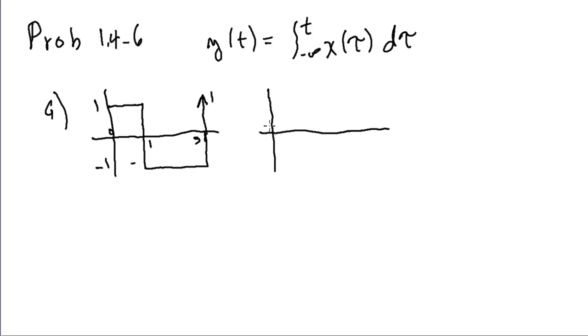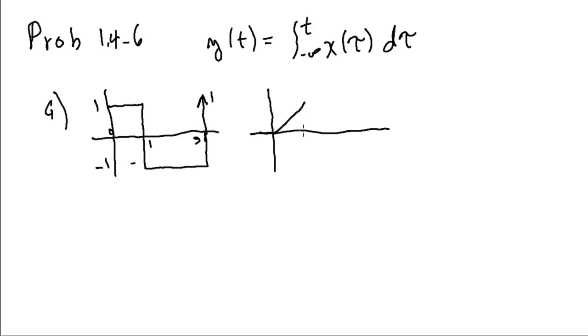I encourage you to go through the formal integration, but here as t goes from 0 to 1, I'm just going to be adding additional area to my integrand until I get to t equal to 1. I'm going to be integrating over this entire first part of this pulse, which has area 1. So y of t is going to be 0 for t equal to 0. And then as t increases between 0 and 1, I start adding area. I'm integrating a constant, so I'll get a straight line or a ramp.